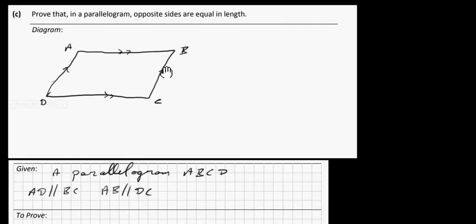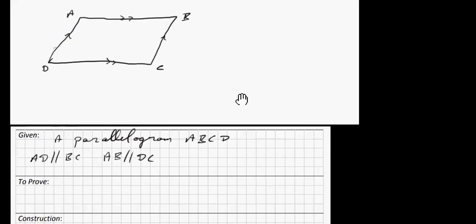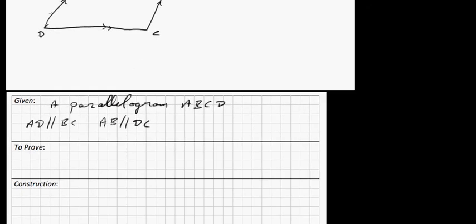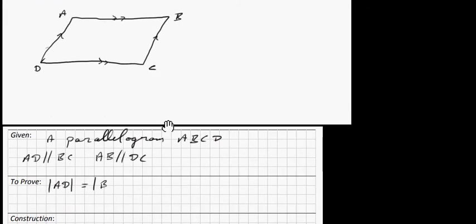So what have we got to prove? We've just got to prove that opposite sides are equal in length. So we don't have to worry about angles, but just opposite sides. So we've got to prove that AD, the size of AD is equal to the size of BC. And we've also got to prove that AB is equal to DC. So these two sides here are equal in length.